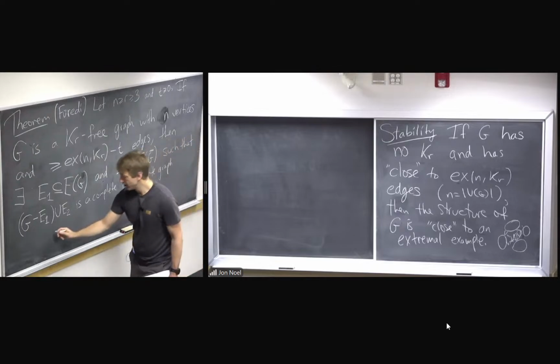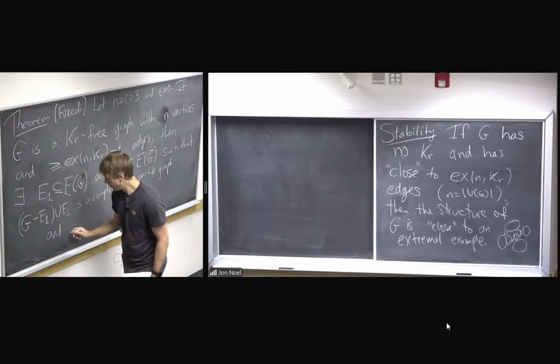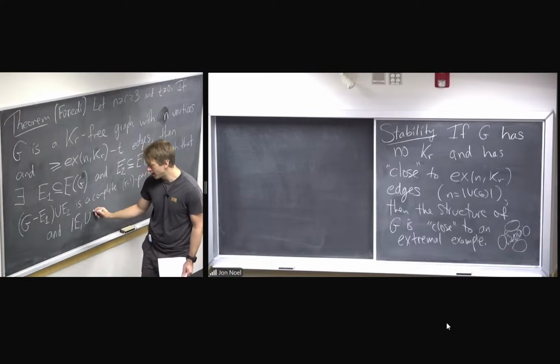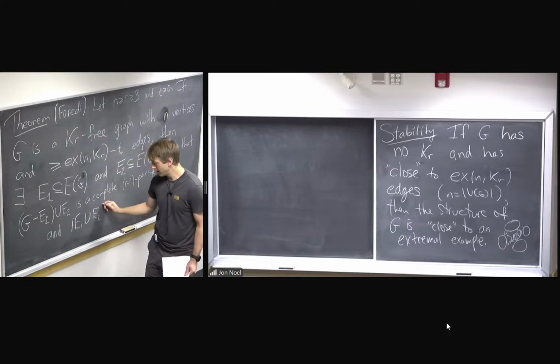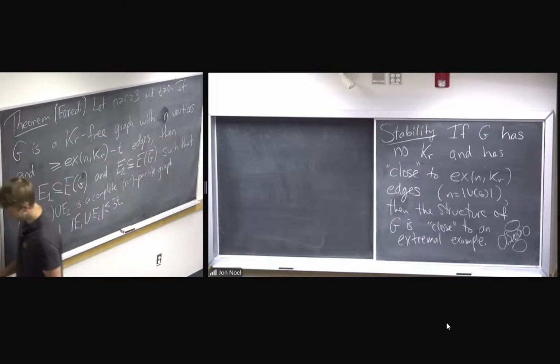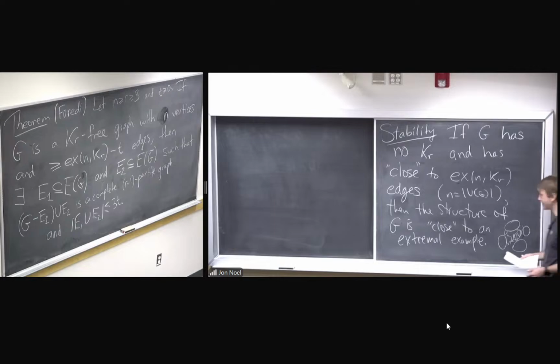And there's not too many edges that we're deleting: the union of E1 and E2 is at most 3 times t. Okay, kind of a long statement. Let you digest that.